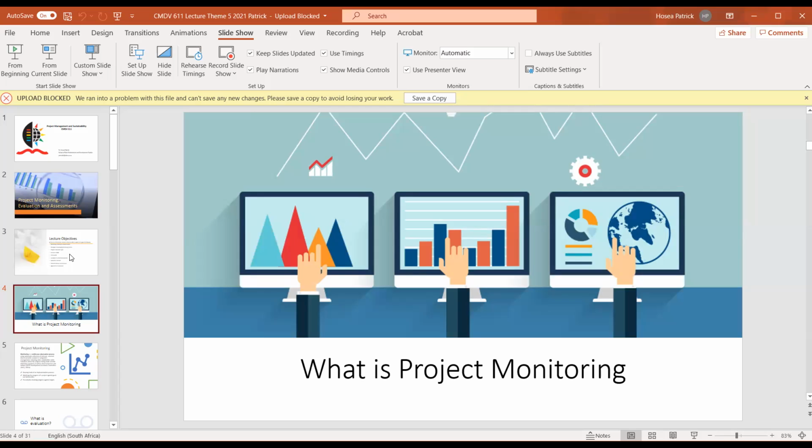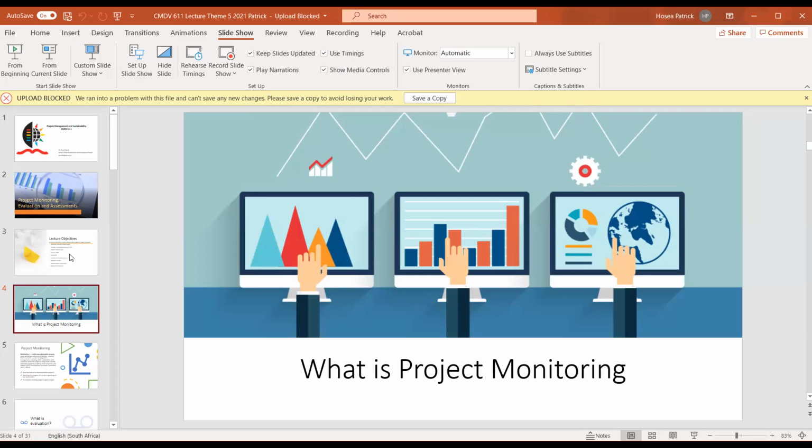When you monitor a project, you have your plan, and like the previous speaker has already indicated, that's where you want to observe whether the plan is going accordingly.